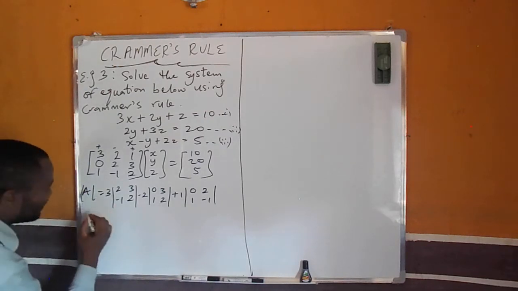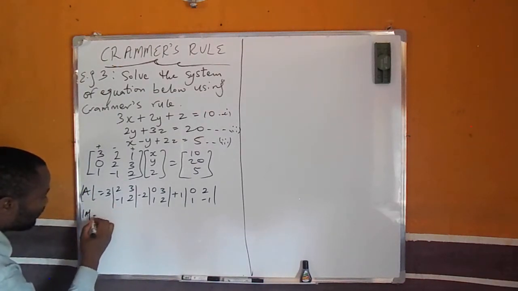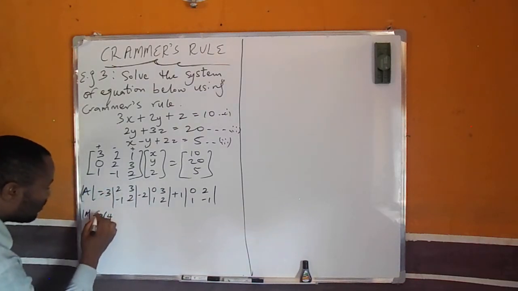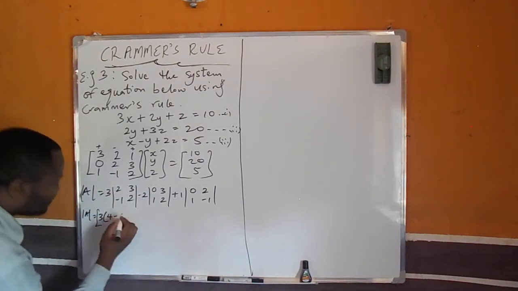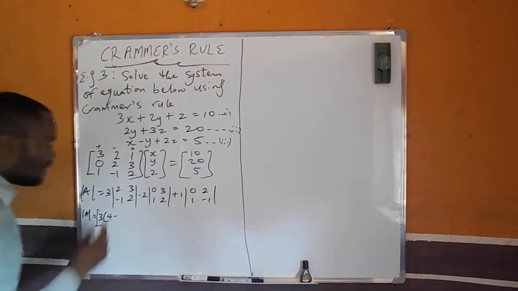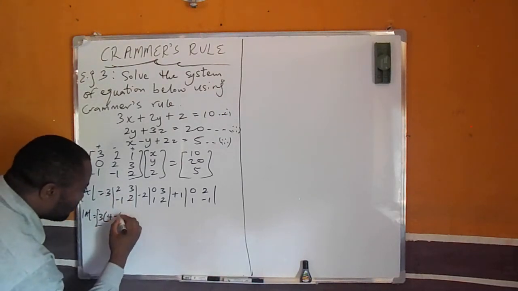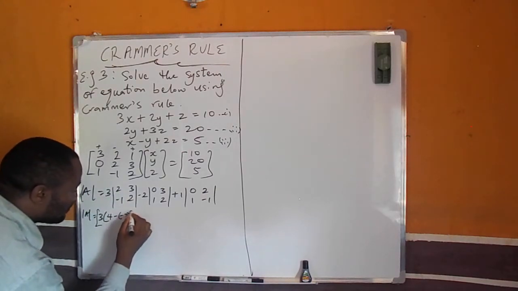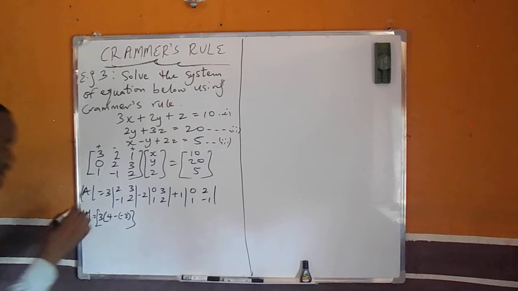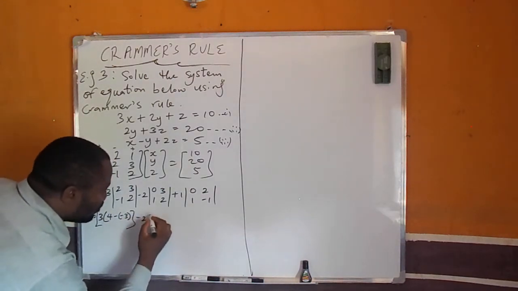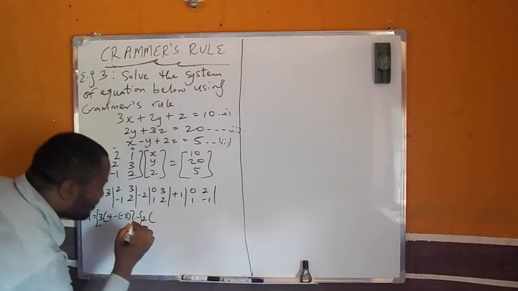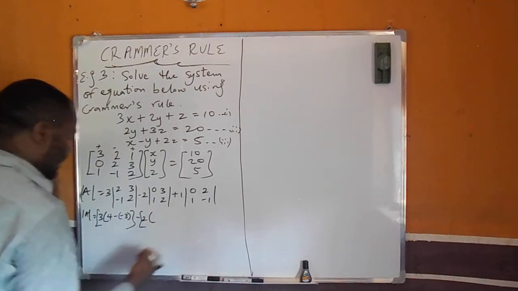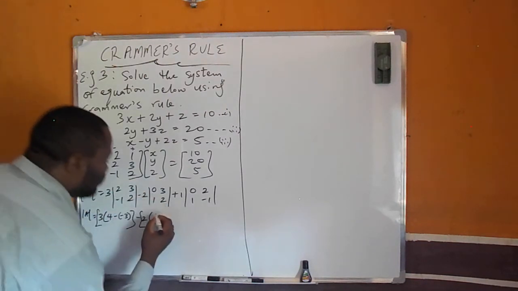So this is what we have there. Now we can move further by saying the determinant of A equals 3 in bracket 2 times 2, 4. The invisible minus that is here, I've put it here, minus negative 1 times 3, negative 3. We have this like this. Then negative 2 in bracket 0 times 2, so we have 0 multiplied by 2, which will give us 0.